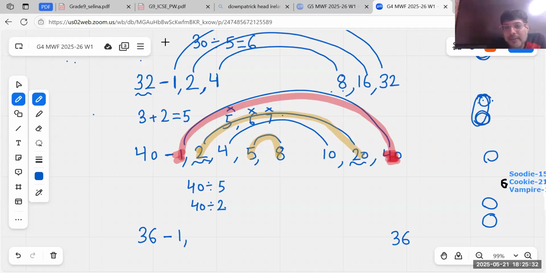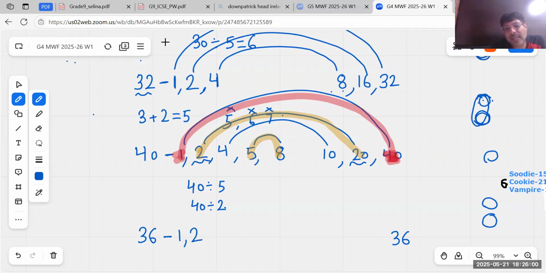Okay, then second factor. Sir, second factor it can be 2.